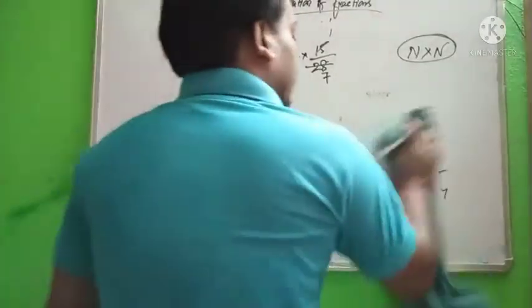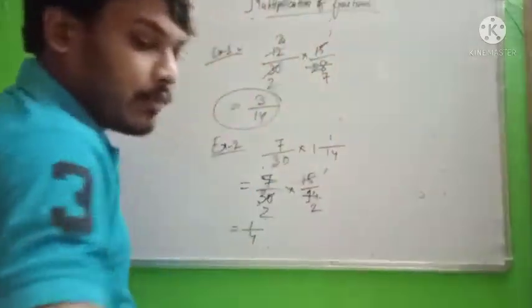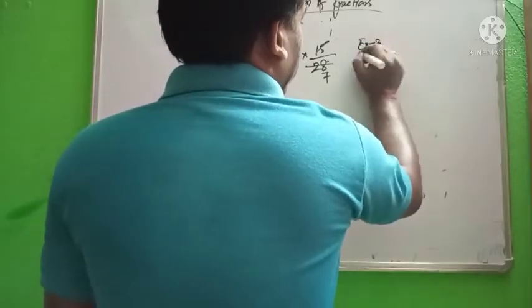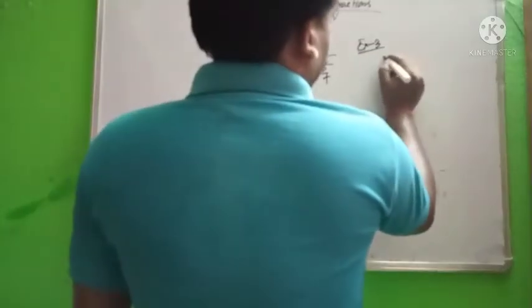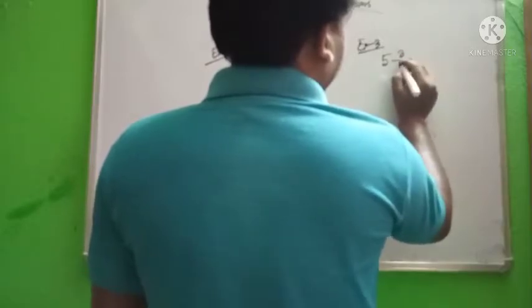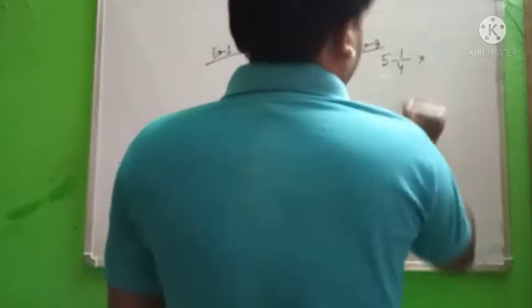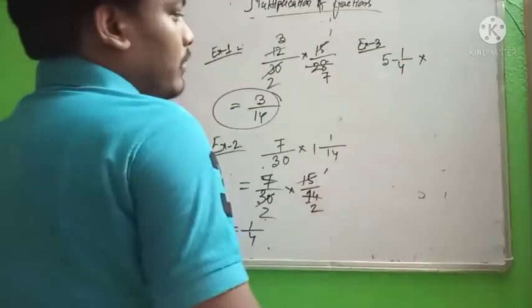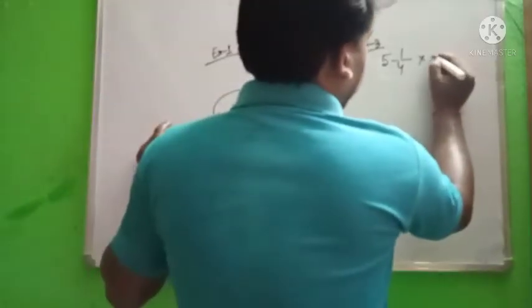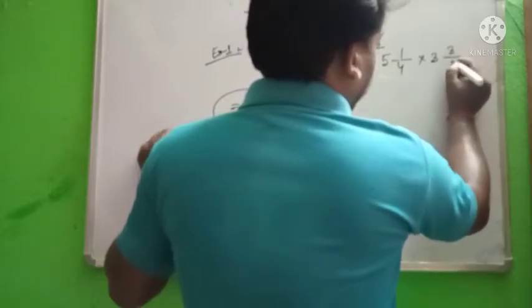And next, example 3, that means the third case, when both fractions are mixed fractions: 5 whole 1 by 4 into 3 whole 3 by 7.